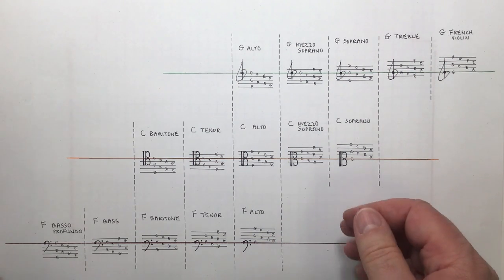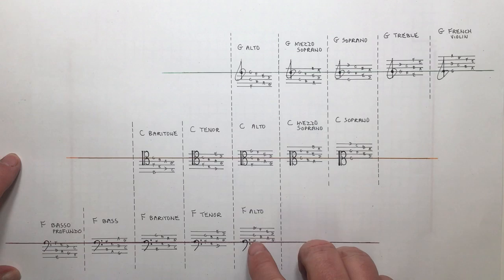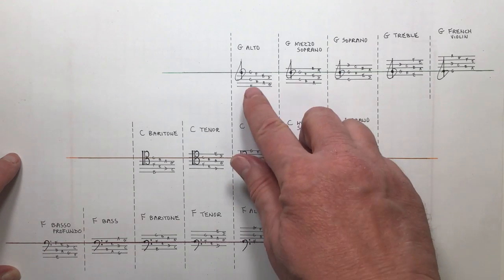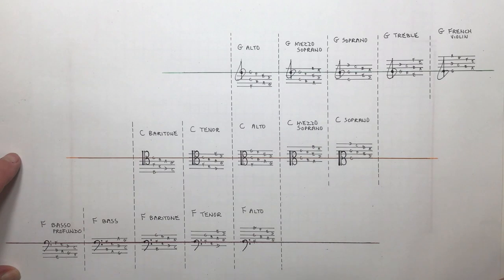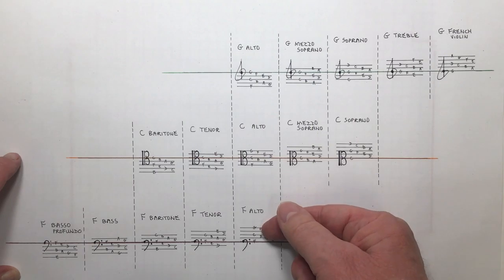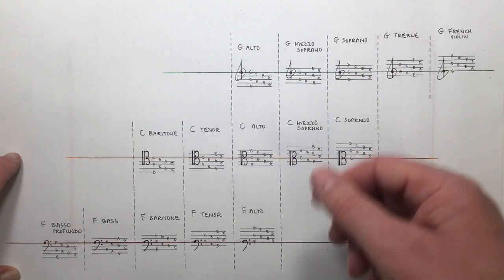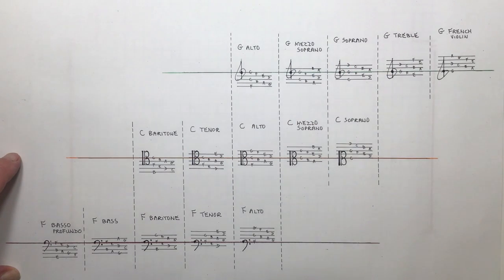Notice in the middle, the lowest line is F on each of these 5-line staves. Middle line is C on each of them, and line 5, the top line, is a G.